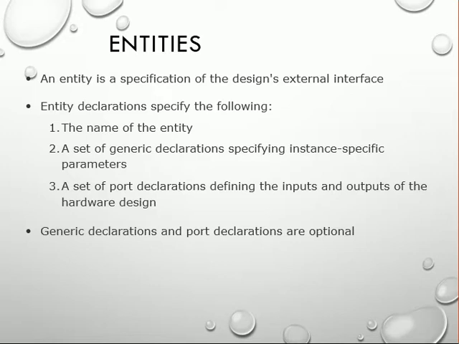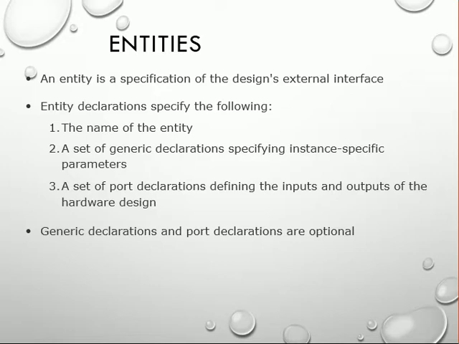Now the generic declaration and port declaration are optional. The generic declaration is the only parameter that is defined before the port. Then in the port declaration we define the ports, but the port declaration part is optional in an entity.